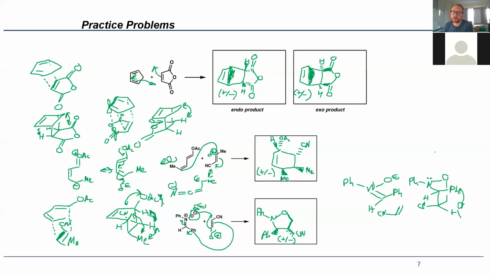And so it's not configurationally stable. And so nitrogen, in most cases, is not chiral, because that lone pair inversion happens so rapidly. Sorry, even though it's sp3, it's not really chiral.